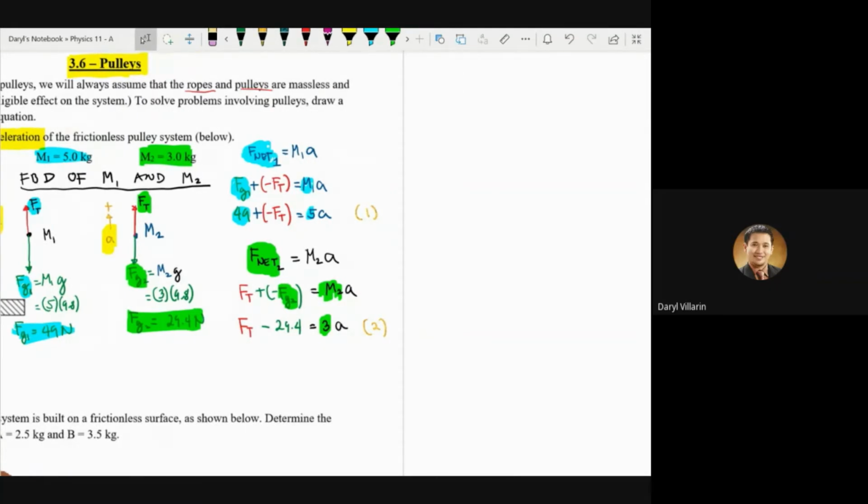Okay, I think the most common, there are two methods here. It's either the elimination method or the substitution method, okay?